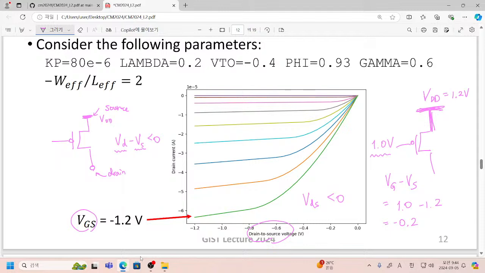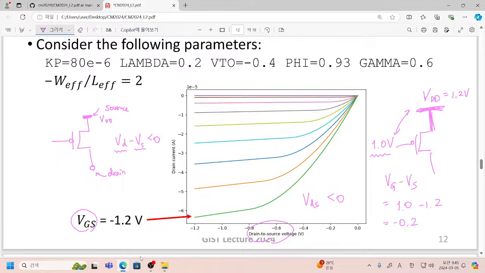So this transistor is biased with minus 0.2 gate-to-source voltage, although the gate voltage itself is, in our convention, positive, but it doesn't matter. The important one is the difference between them. Source is the reference, and we measure the terminal voltage with the reference of the source voltage.